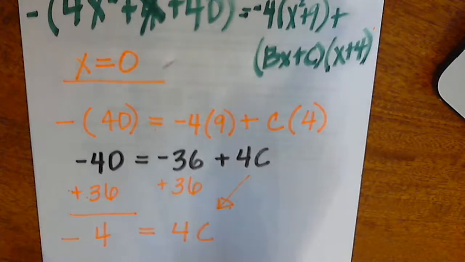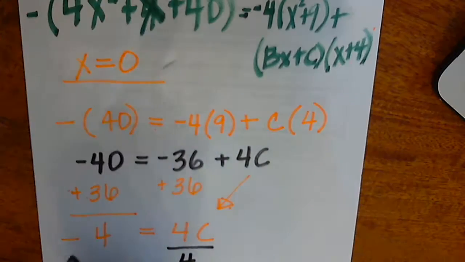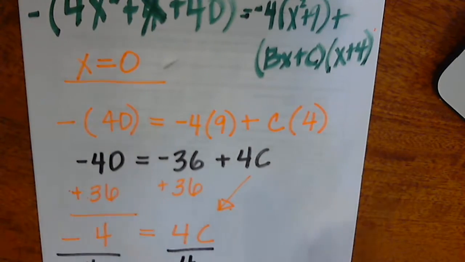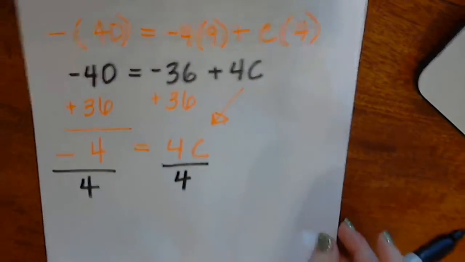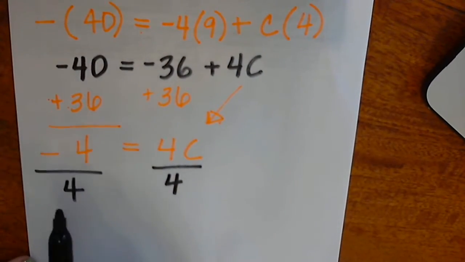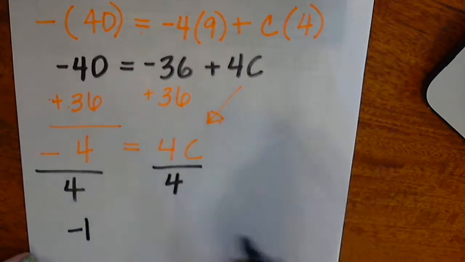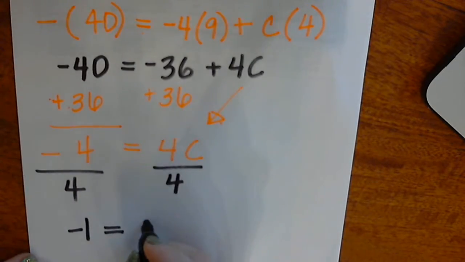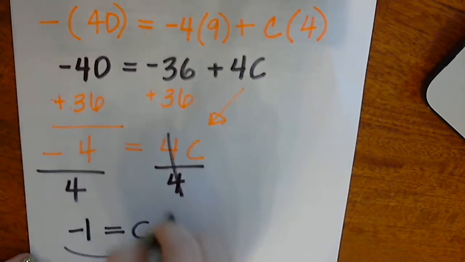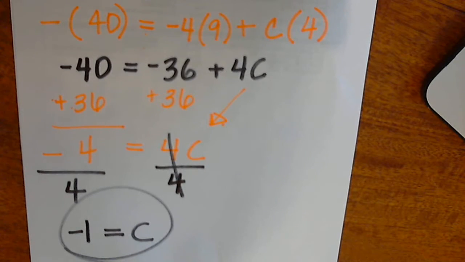From here, divide both sides by 4. A -4 divided by 4 is a -1, equals c. So that works out nicely because now that we have A and C, finding B should be a lot easier.